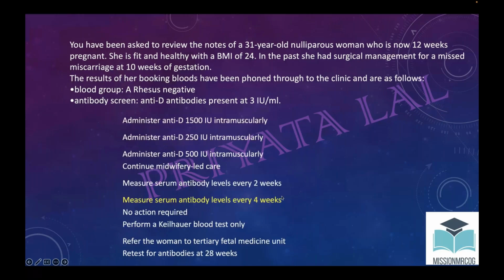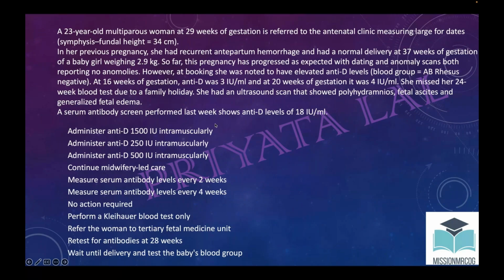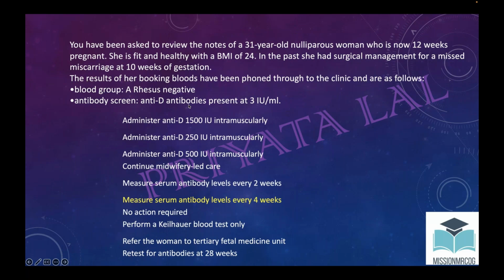Okay, the patient is 29 weeks pregnant, referred to the antenatal unit. This is a very good question, and people do make mistakes. They will see the anti-D positive and think of alloimmunization, and say no action is required, but actually it is not.